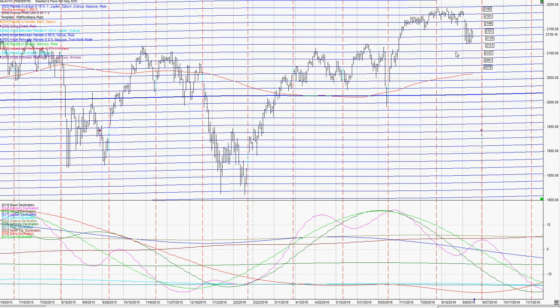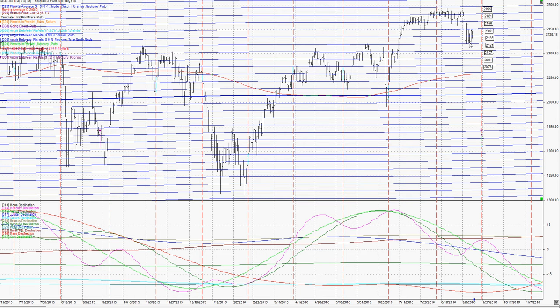Just like the 45 degree, when I now change to 15, these are really marking support and resistance very well as well. So these have come down, hit around 2121 in the S&P 500, and couldn't break through there.